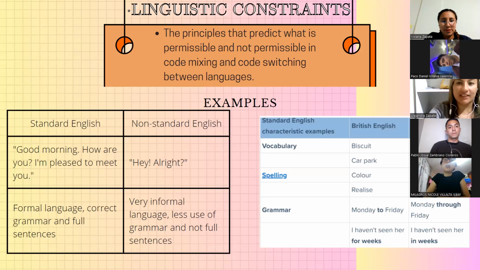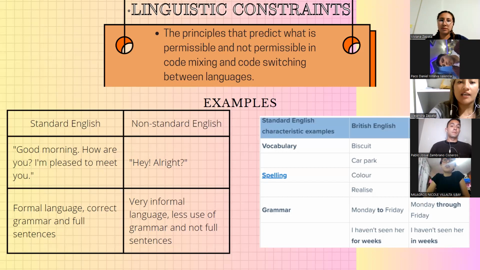Okay, in this topic, we're talking about linguistic constraints, the principles that predict what is permissible and not permissible in code mixing and code switching between languages. It's like a rule that prohibits a speaker from building a particular kind of sentence.